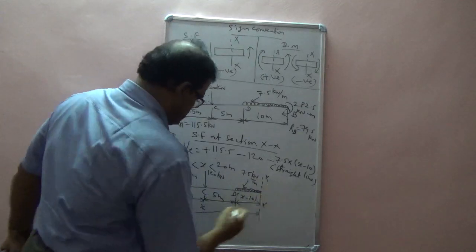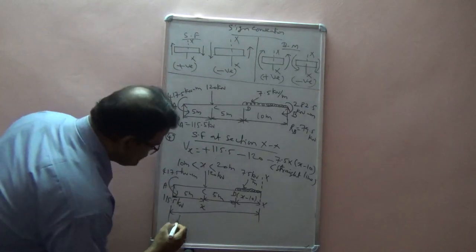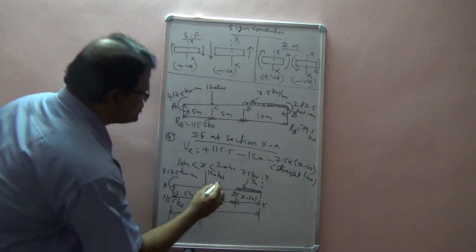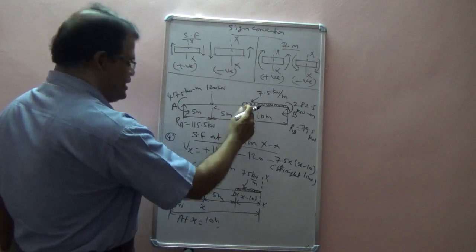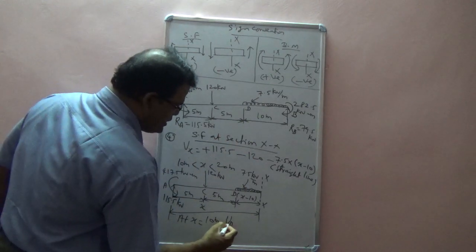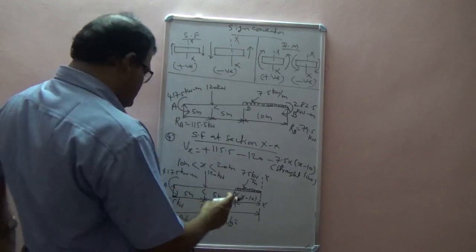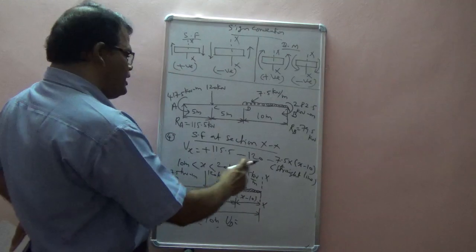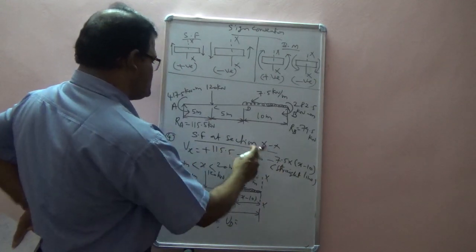So at x is equal to 10 meter, that indicates point D, that is V suffix D, that will be right side of D. So therefore VD will be 10 VD. So how much? It is going to be 10, 10, 0, therefore this is the total.